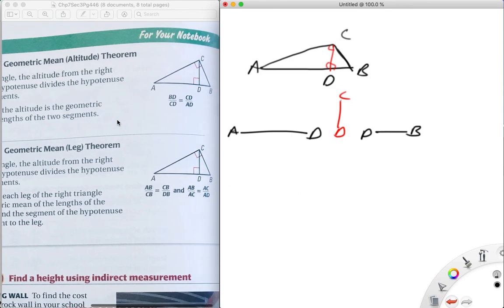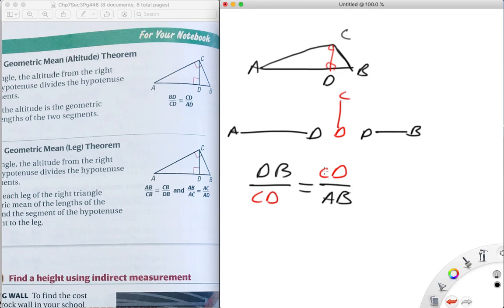So when we do this, it's going to be this segment, DB, over the altitude, CD. Since this is a geometric mean, it says that altitude is the geometric mean. So then I know that this CD is going to occur twice, and it's going to occur over the other segment.